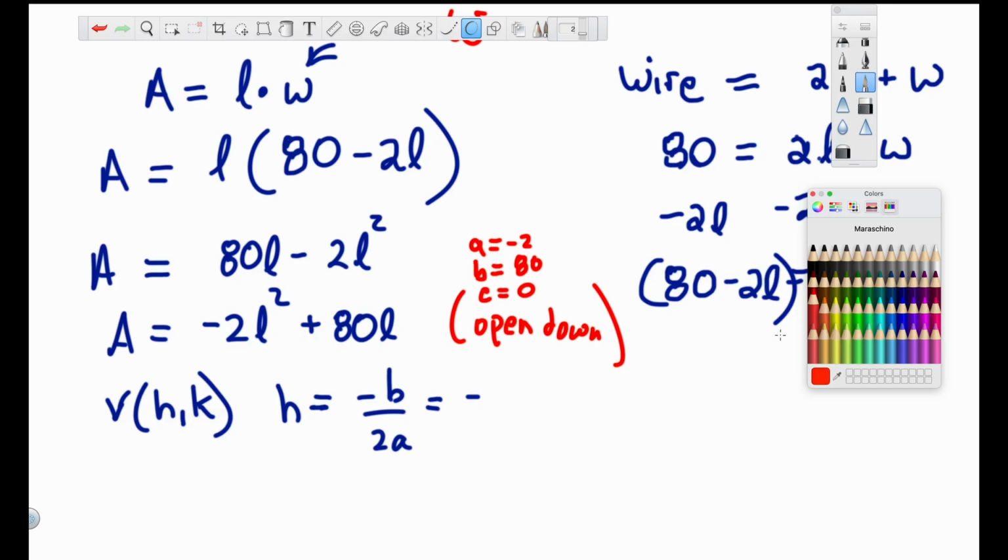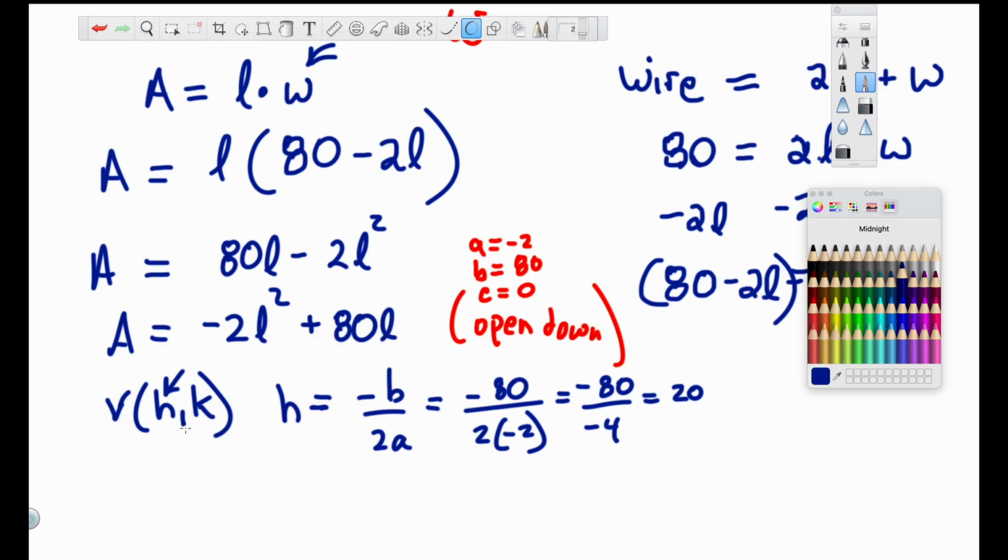So I've got negative 80 divided by 2 times negative 2. Negative 80 divided by negative 4 is 20. So my h value is 20 right here.